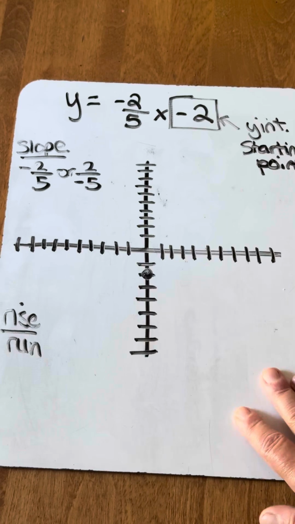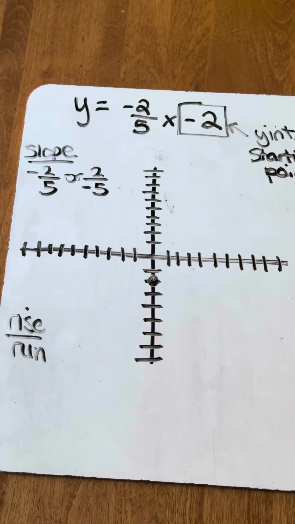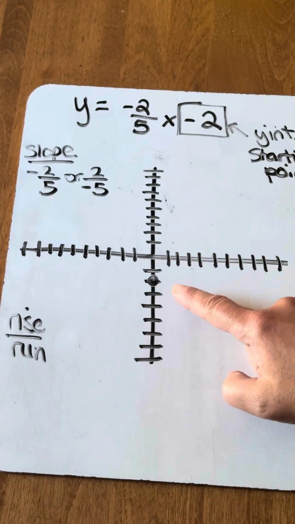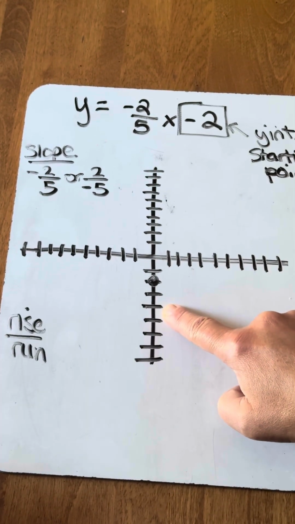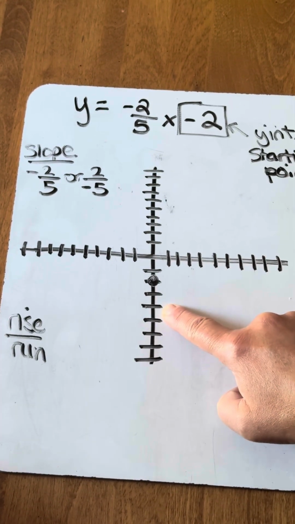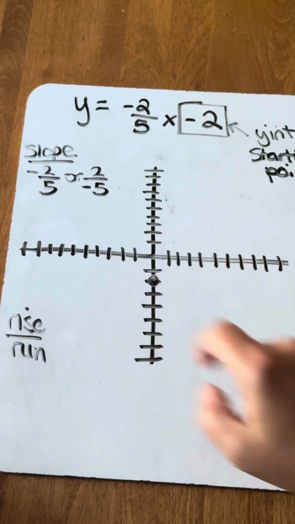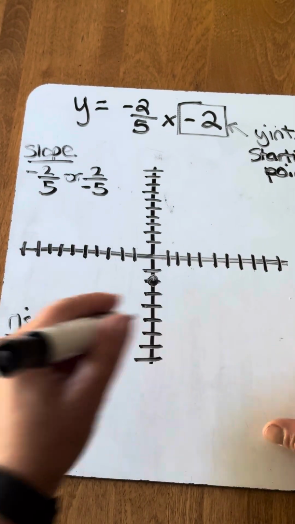If I decide from this point, because that's where you start, that I want to use that -2, your rise, which in this case is a -2, I'm going to go down 2 spots. That would give me my fall. And then my run, which is left and right, because it's a +5, I will go to the right 5.